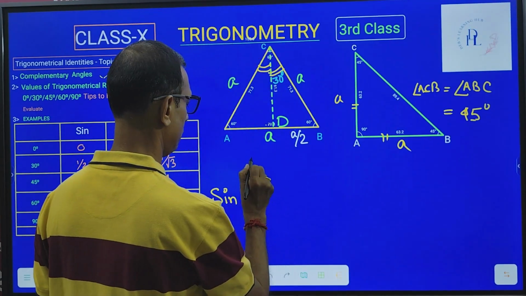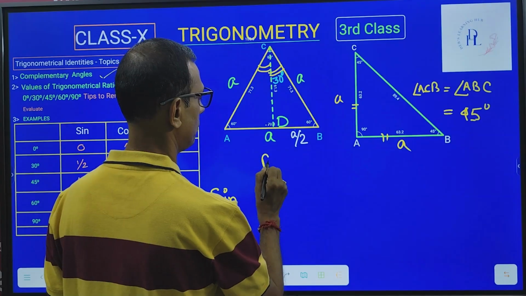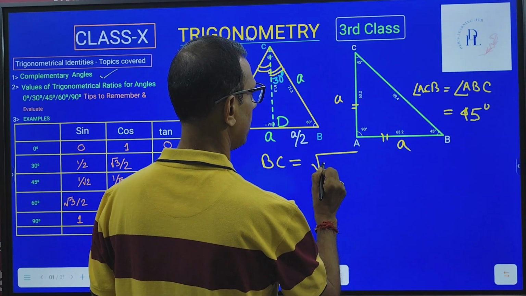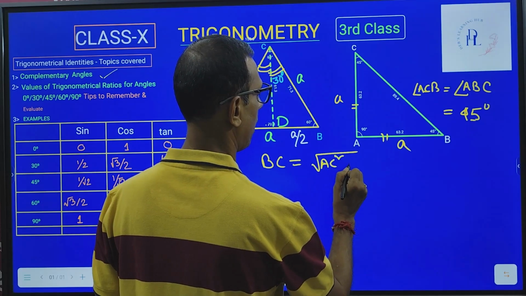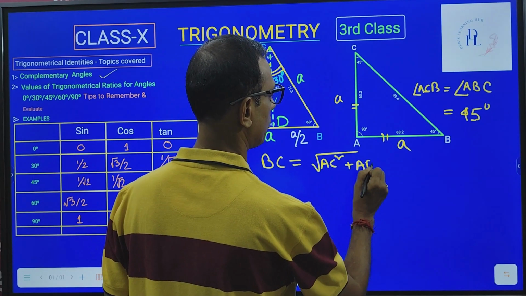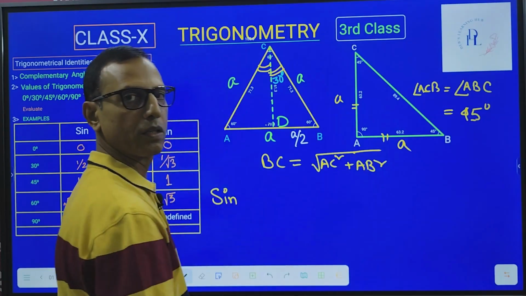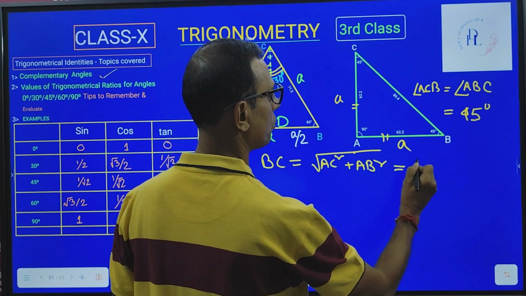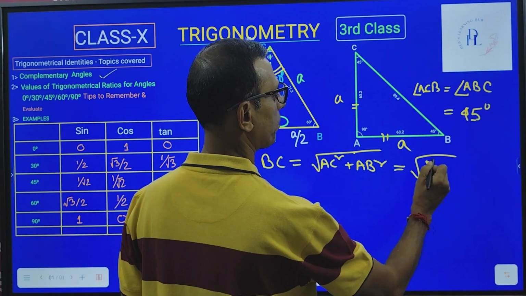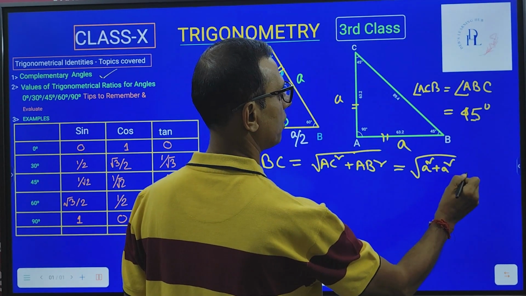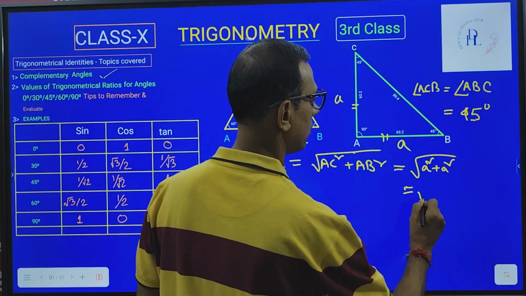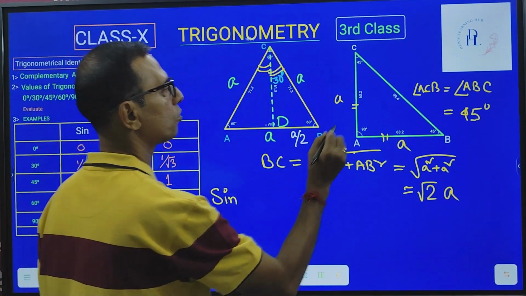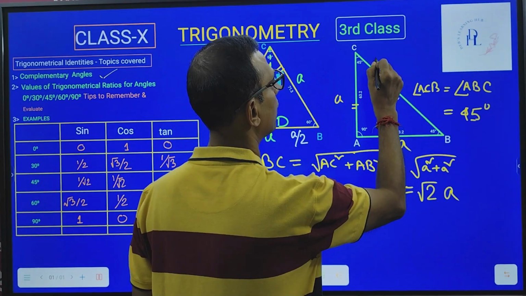BC equals root over AC square plus AB square, with respect to the Pythagoras theorem. That is root over A square plus A square, which equals root 2 A. So BC equals root 2 A.